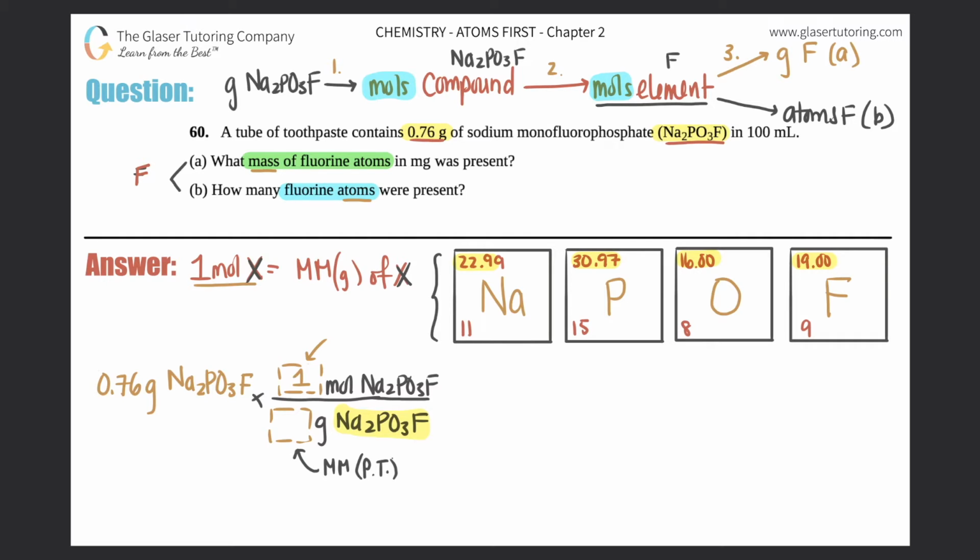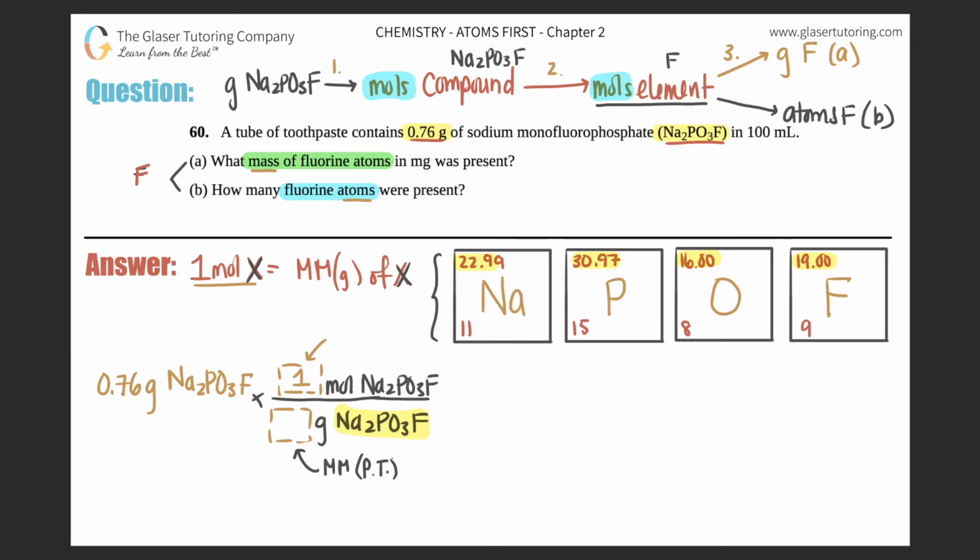All right, so here we go. 2 times 22.99. And if you guys just want to put 23 into your calculators, that's fine with me, right? I just want to put the numbers that I see on the periodic table in the OpenStax text, just so that everything clicks out. But you guys can do as you please. So we got that. We got 1 phosphorus, so that's 30.97.